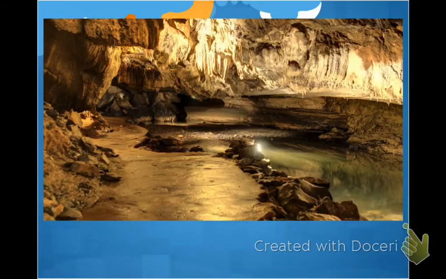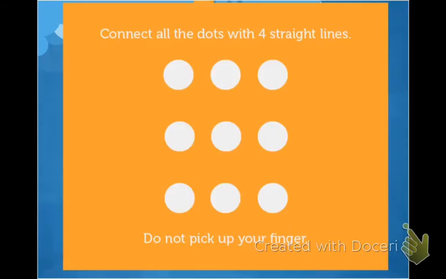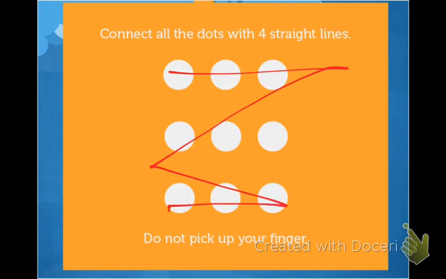And there's another one. Okay, and here's just a neat little brain break, a challenge for you. You have to connect all of the dots with only 4 straight lines, and you can't pick up your pen as you do it. So just for example, I'm not going to give the answer, but you could draw 4 straight lines like 1, 2, 3, 4, but I didn't connect all the dots.